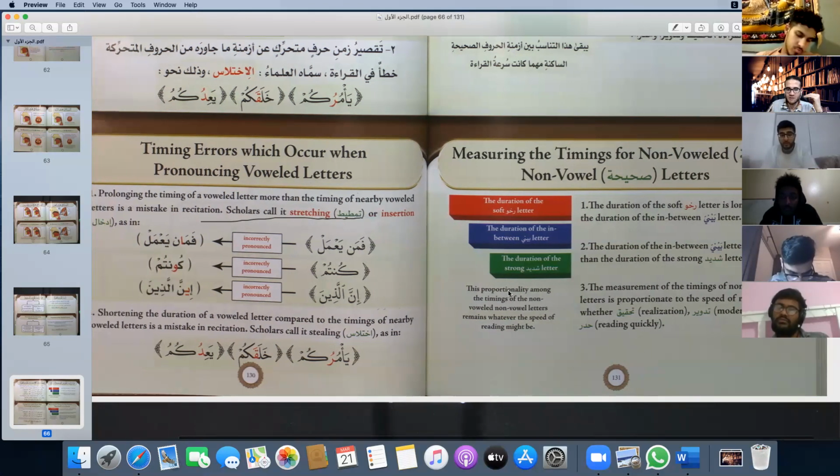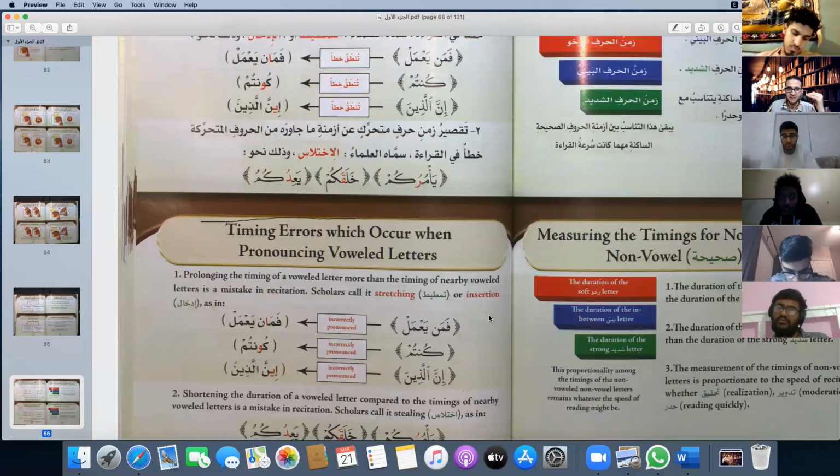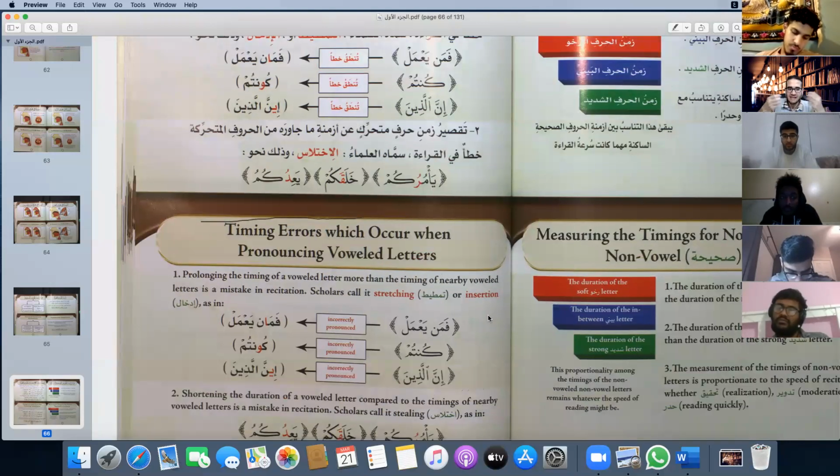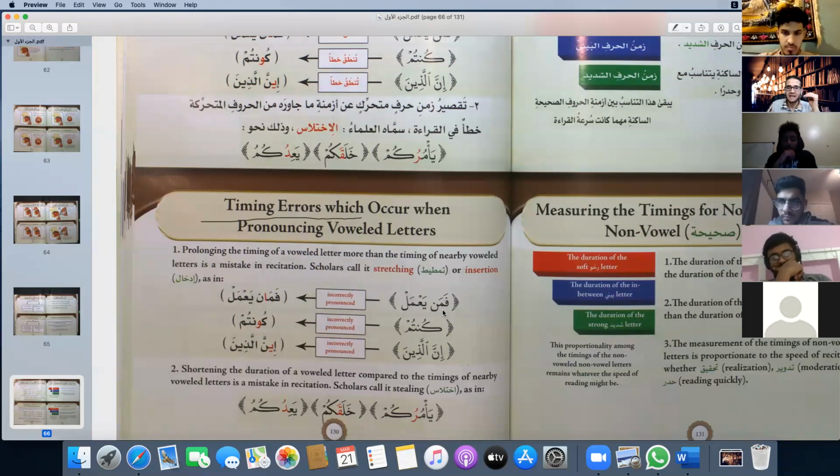Now, one of the mistakes that people normally make is that they prolong some letters, which we call idkhal or tamtit. Prolonging the timing of a vowel letter more than the timing of a nearby vowel letter is a mistake in recitation. Like when you say fa-man ya'mal, they would stretch it.